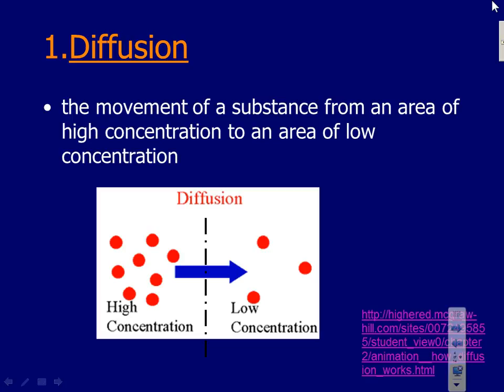So you can see there it says, the movement of a substance from an area of high concentration to an area of low concentration. Now, we've all experienced diffusion. Yes, it's happening in our cells, but I'm sure we've all come across a situation where you weren't sure it was diffusion, but it actually was. Let me give you an example.